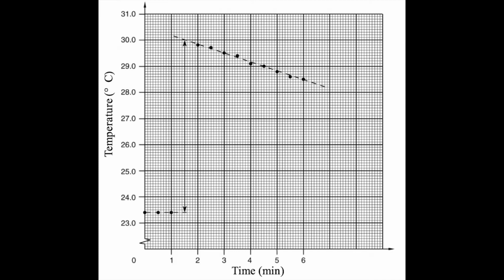Next, you need to copy all the data, important, and at the time 1.5 minutes, you start the reaction. That's why we do the extrapolation back to the 1.5 minutes, and you are given that the maximum temperature change is 6.6 degrees Celsius.